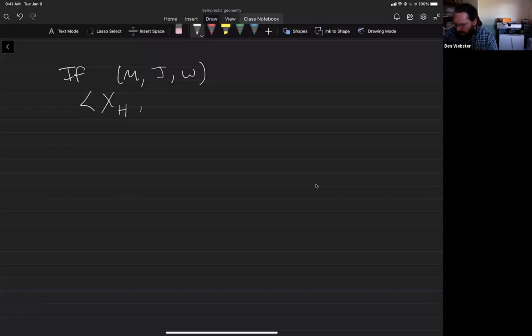So the inner product of this with some one-form alpha is the same as, I'm having trouble writing this. That's not what I mean. The symplectic form applied to X_H and some vector field Y is equal to the pairing of Y with dH.